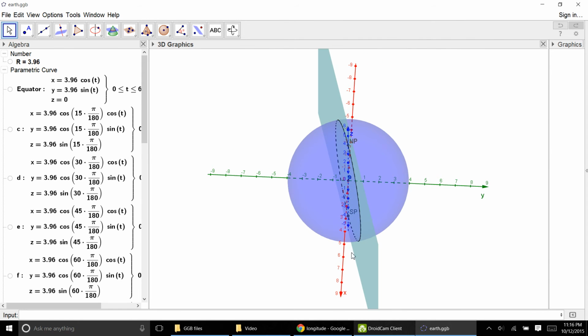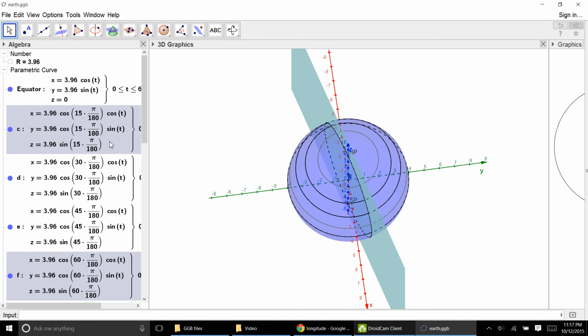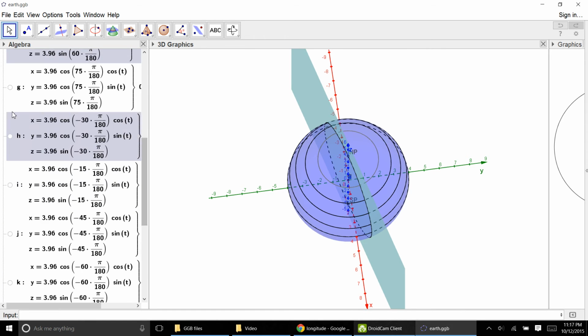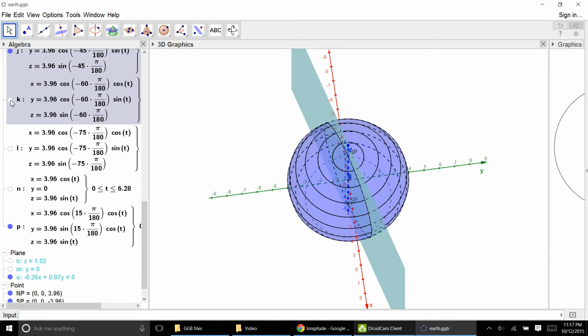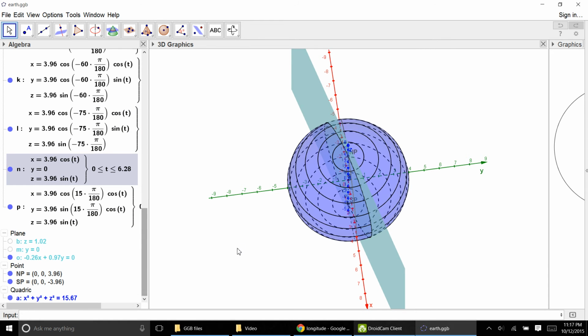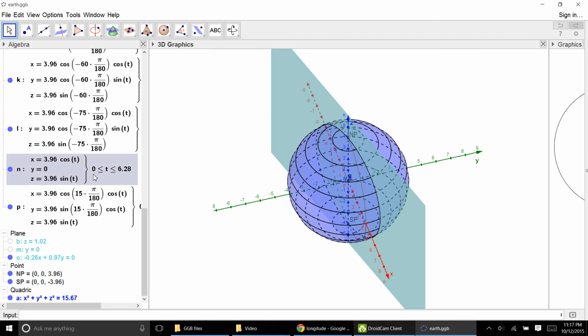And again, we just changed that angle to change the plane and to therefore change the circle. So we can bring back these things, because now we know what to do. Okay, so we've got 4 meridians now.